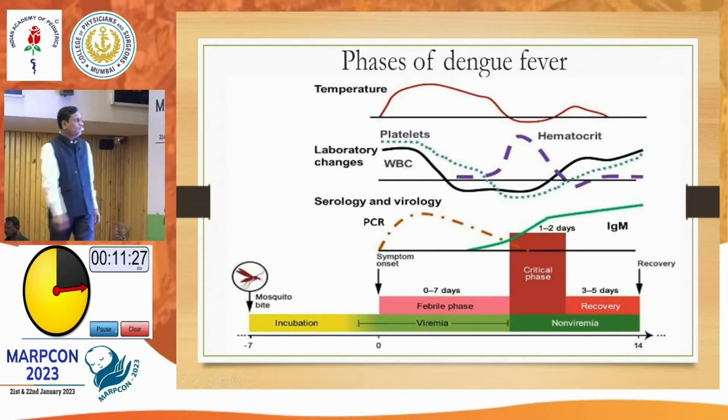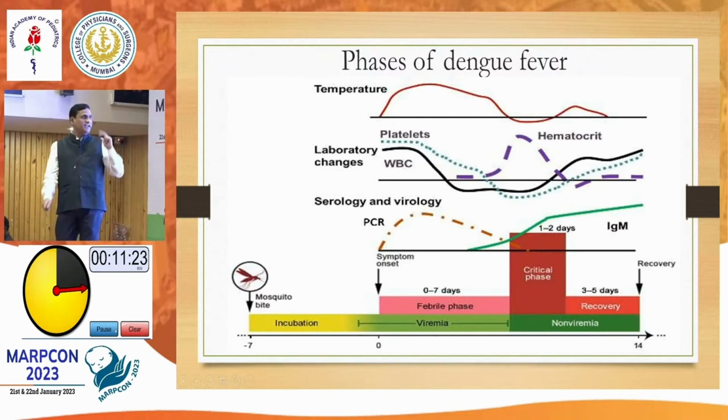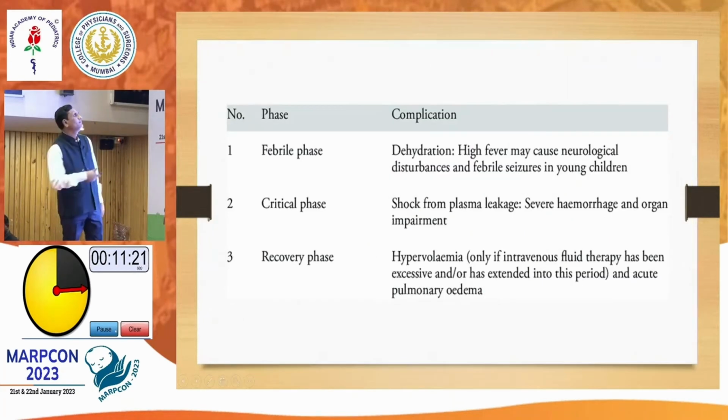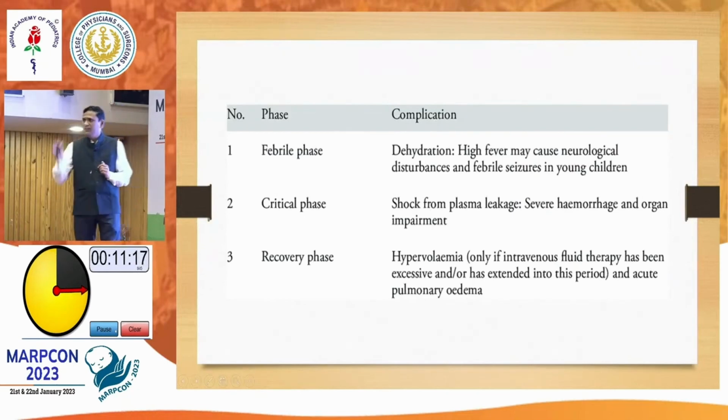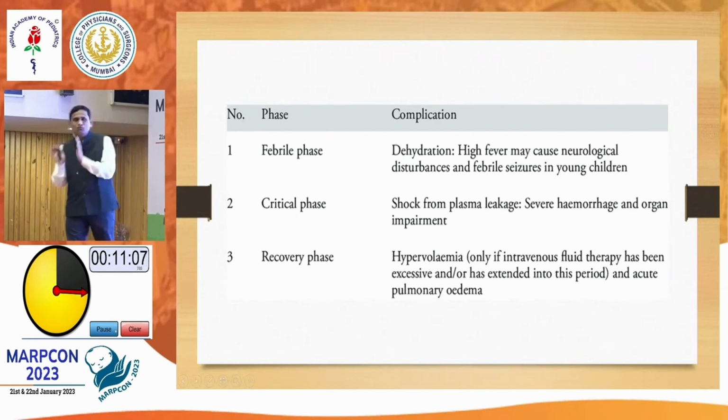There are mainly 3 phases of dengue fever, that is febrile phase, critical phase and recovery phase. The febrile phase lasts up to 3 to 7 days of the illness. Child presents with high grade fever; some young children and infants present with febrile convulsions. The critical phase remains for 24 to 48 hours only.